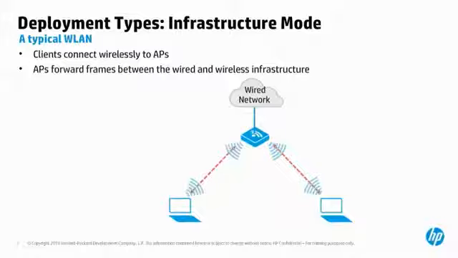This conversion between 802.11 wireless and 802.3 Ethernet frame formats has classically been referred to as a Layer 2 translational bridging function. This is the most common type of deployment and the one we will focus on for most of your training. Let's talk more about how APs make services available to clients in this type of deployment.